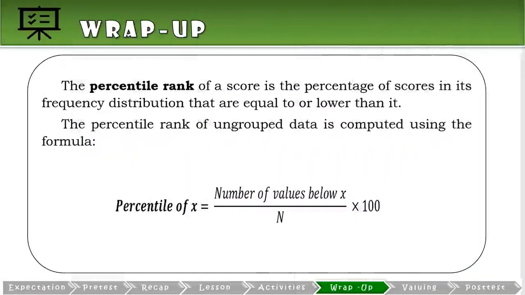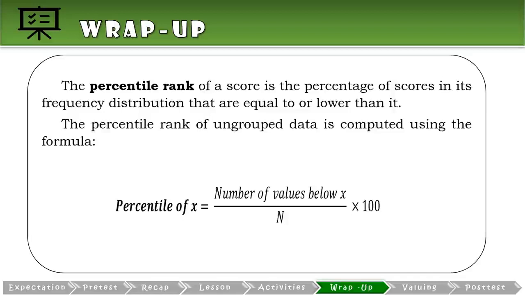To wrap it up, the percentile rank of a score is the percentage of scores in its frequency distribution that are equal to or lower than it. The percentile rank of ungrouped data is computed using the formula.